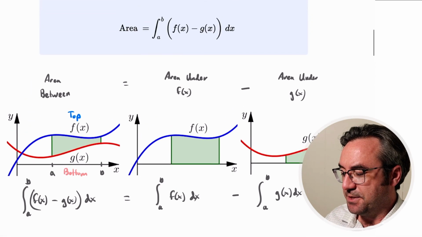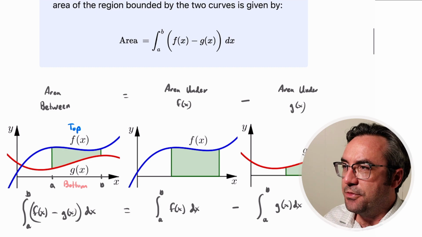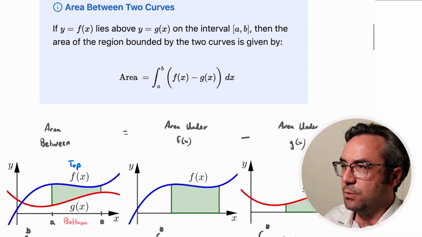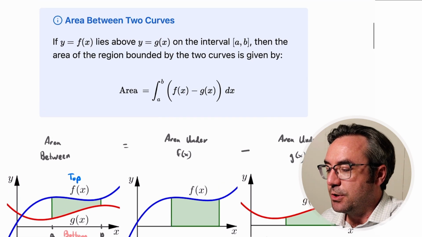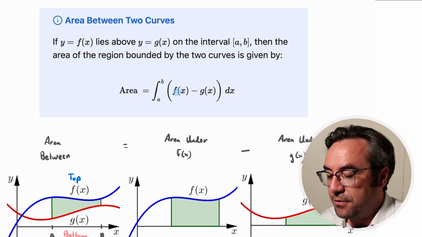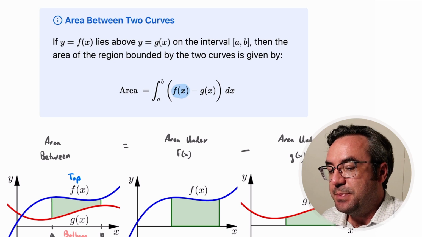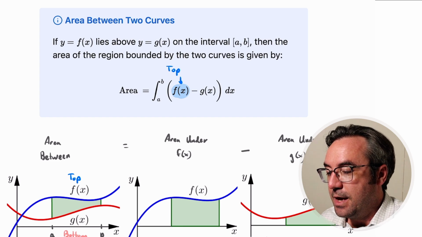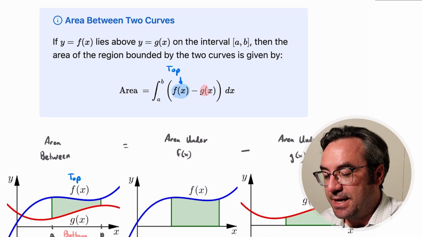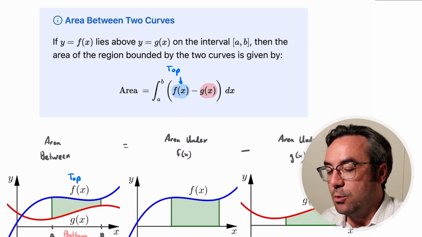Now, when we do this, there is one thing we have to be careful of. So when we set up this formula to calculate the area in between two curves, we want the function we put first to be our top function. And then we want the function that we put second to be the one that's lower on the page.